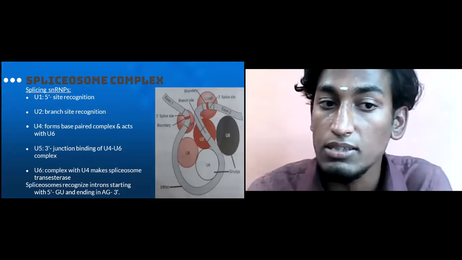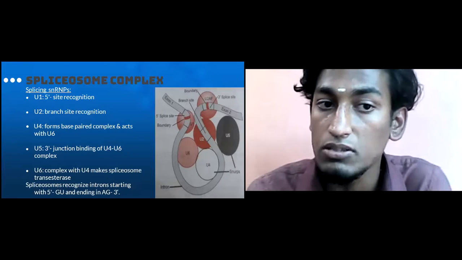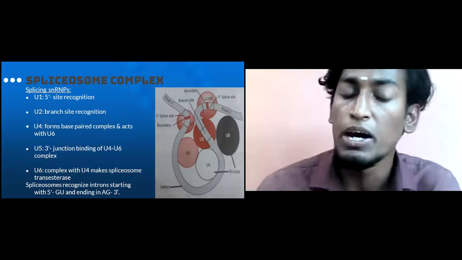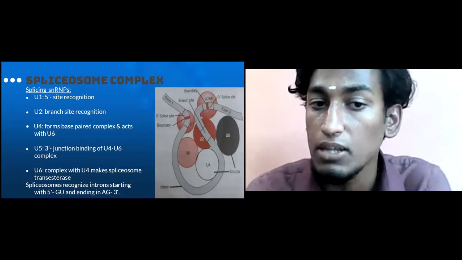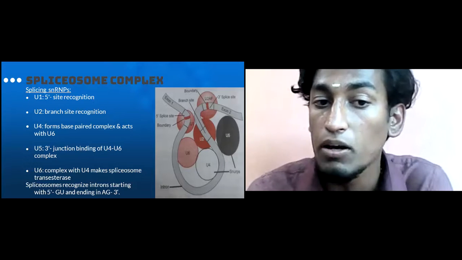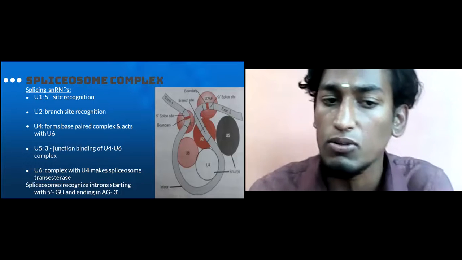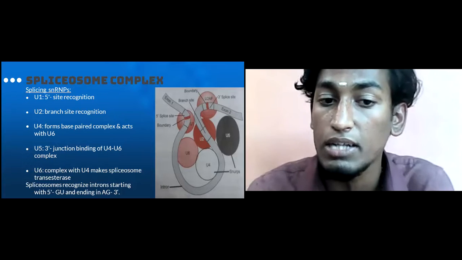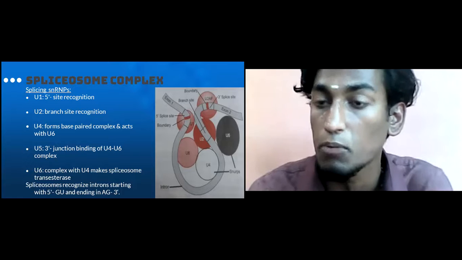It has several components: U1, which is used for 5' site recognition, and U2, for branch site recognition, and U4, which forms a base paired complex and reacts with U6, and the U5 complex, which binds to U4 and U6.